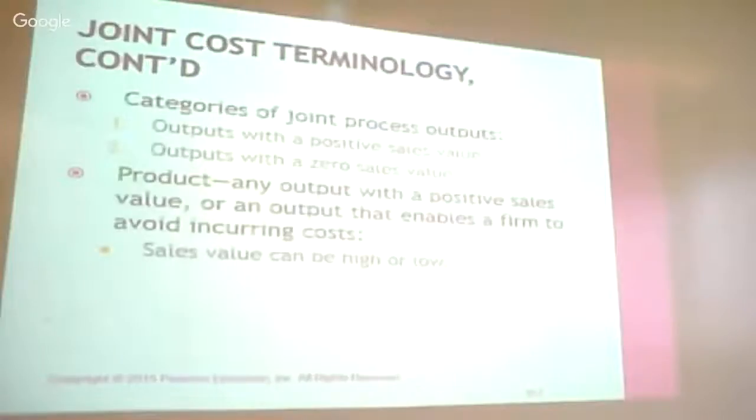As a benefit to the ranchers, they might actually give it to them. We're going to have to throw this away, so you might as well use it for something. Any output with a positive sales value, or an output that enables a firm to avoid incurring costs. Sales value can be high or low, okay?